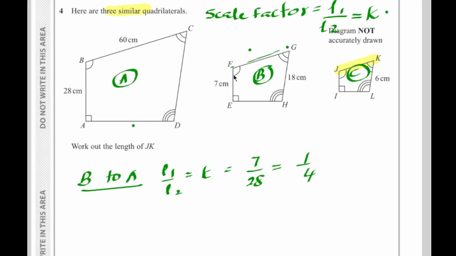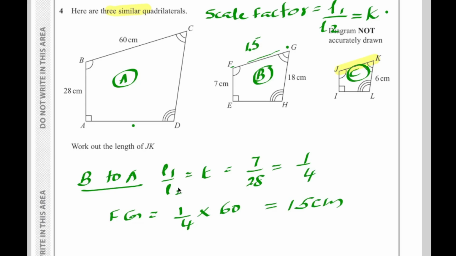Then we can get what FG is. So when I'm getting FG, FG equals scale factor times the corresponding length from this figure. What's the corresponding length? Which is BC, which means 60 centimeters. So this is 15 centimeters. So we have this one now.